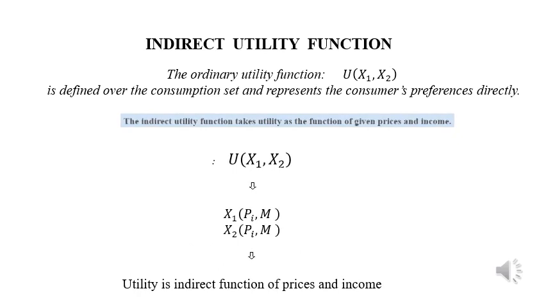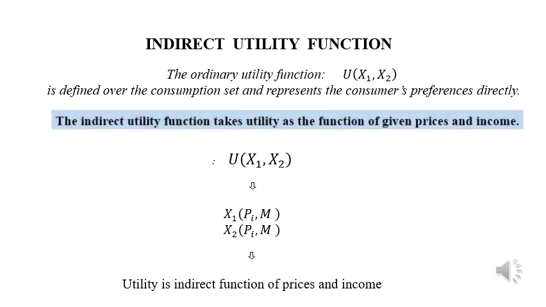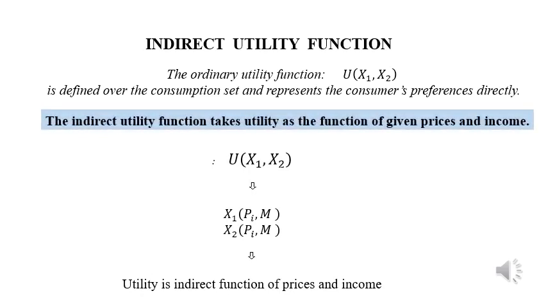Starting with its basic definition, the indirect utility function takes utility as a function of given prices and income. The definition is written on the slide. You can clearly read it, that the indirect utility function takes utility as a function of given prices and income. Now let's try to understand it.